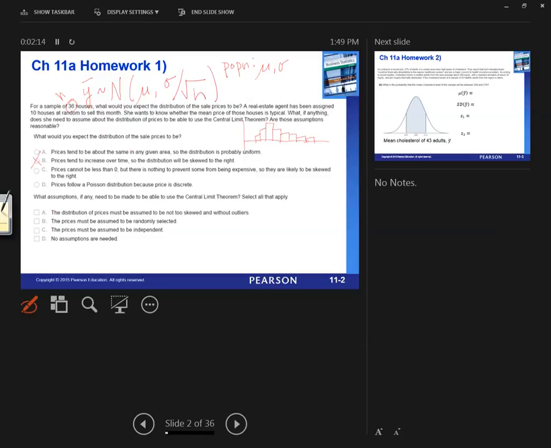Okay, if we wanted to use the central limit theorem, what assumptions would we have to make? This asks about a real estate agent, for n is 10, so this is a much smaller sample. We talked about last week, if our sample is between 5 and 15, and 10 does fit in that interval, then we need a unimodal symmetric distribution.